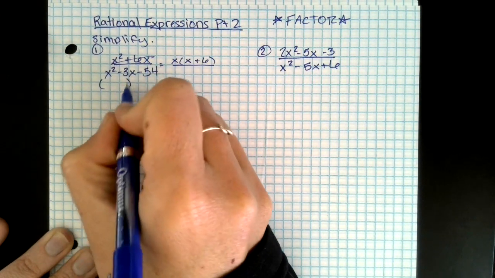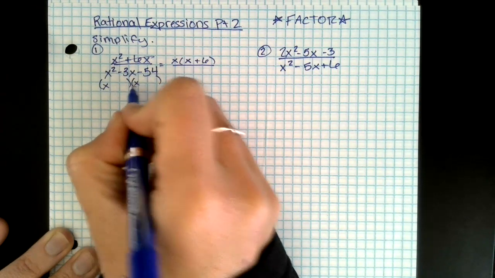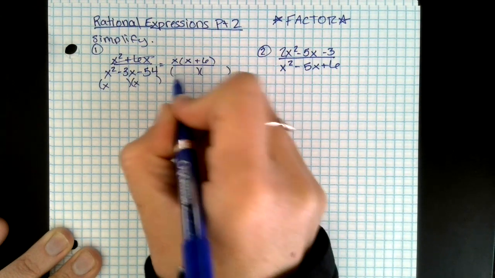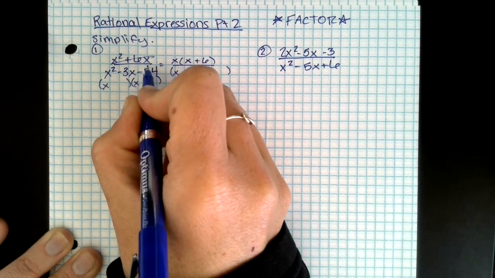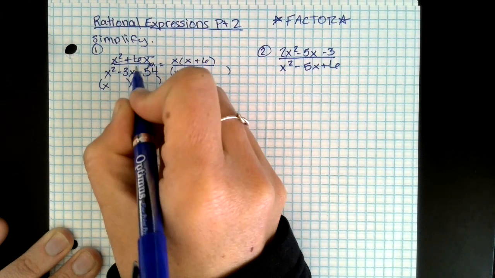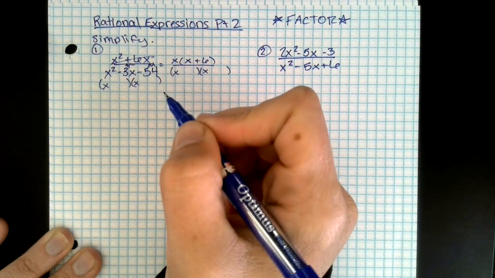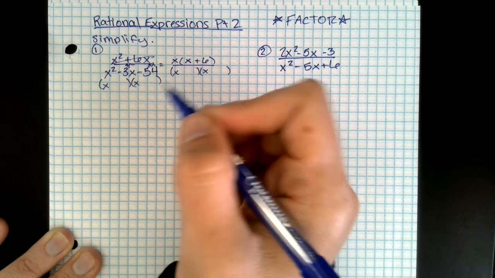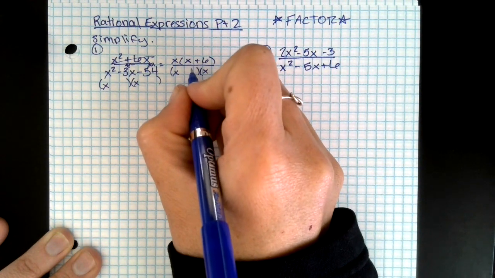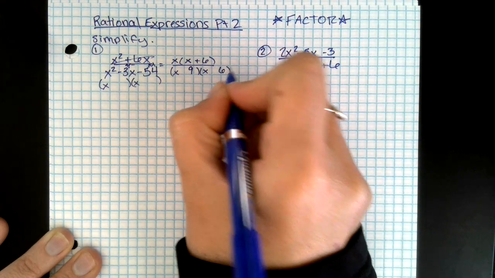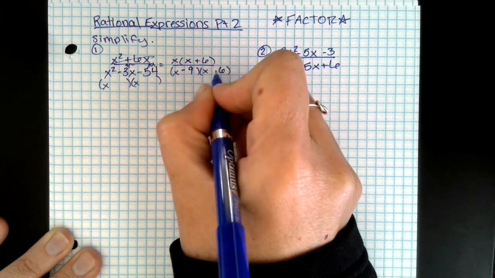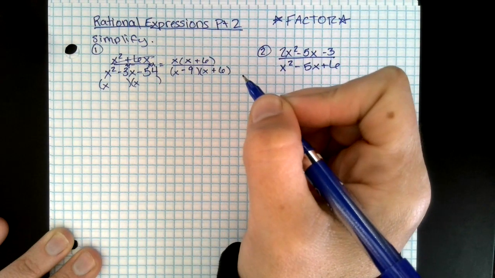On the bottom, I have to factor, and this is x and x. And then remember, you're trying to multiply to get 54, add or subtract to get the negative 3. So the numbers I can think of for 54 are 9 and 6. So to get negative 3, it's going to be negative 9 plus 6.